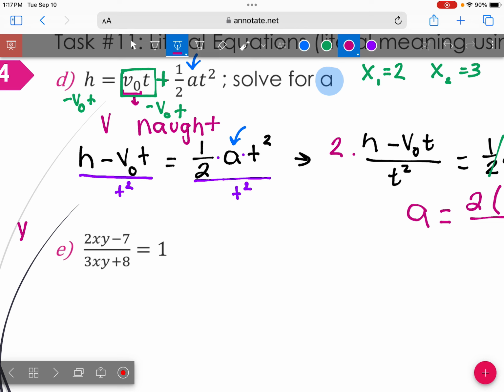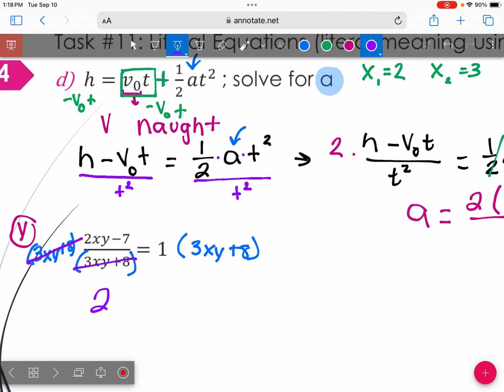Why? The question why, not the letter y. Because I'm trying to get rid of the fraction. So if we multiply both sides by our denominator, it's going to cancel out. So if I multiply this left-hand side by 3xy plus 8, and I multiply my right side by 3xy plus 8, on the left-hand side, they cancel out.